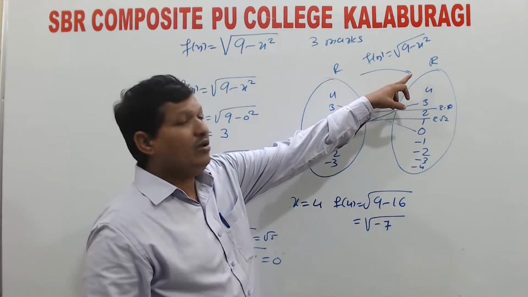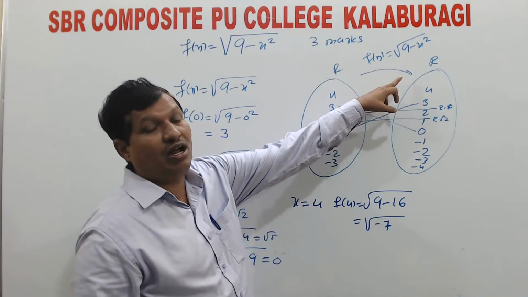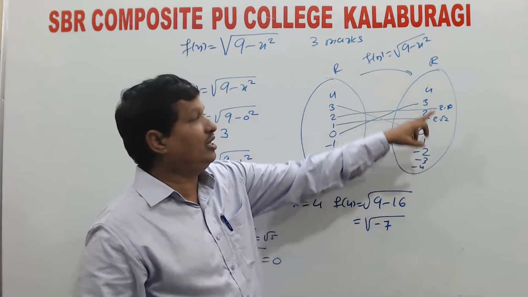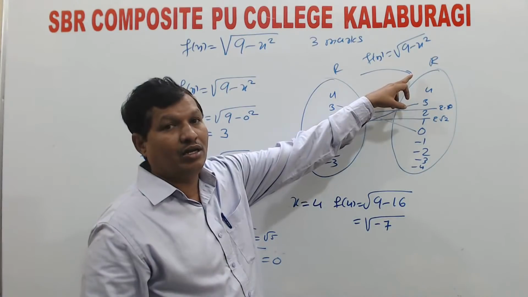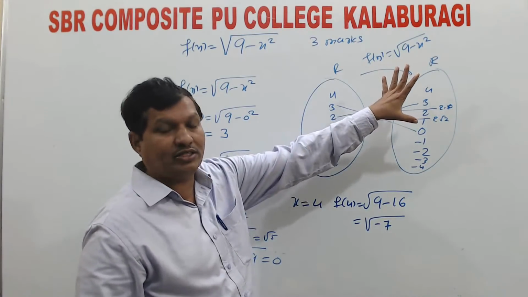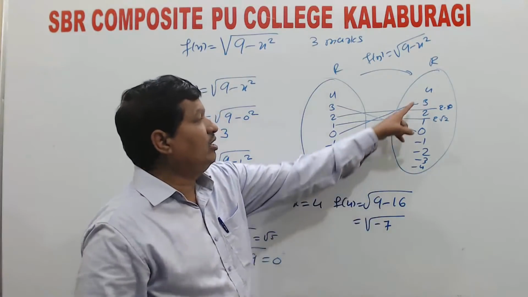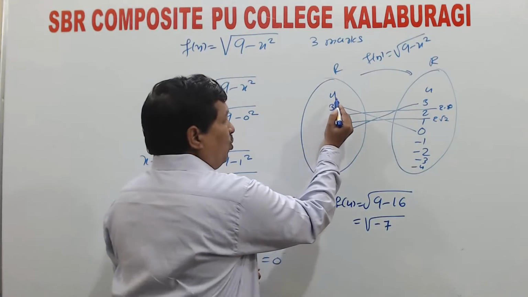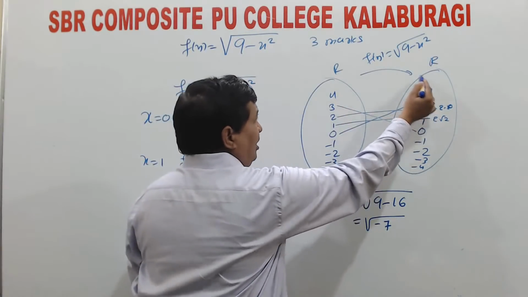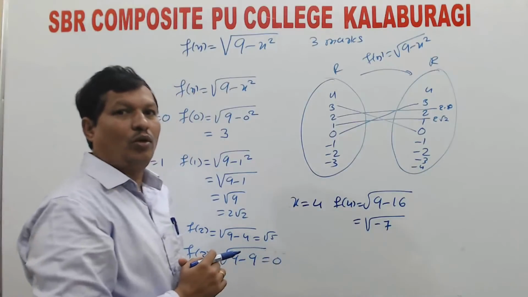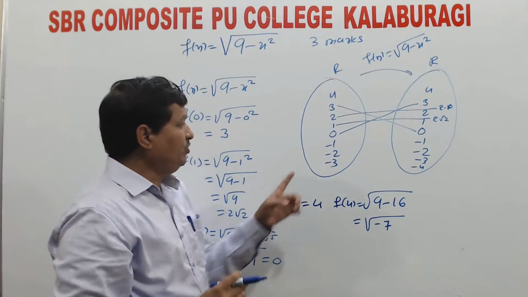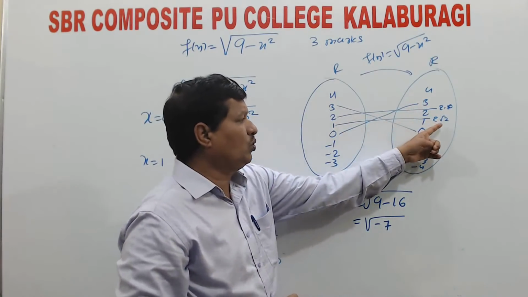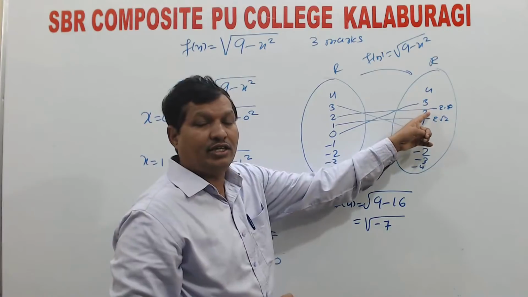So in the codomain, we are discussing real valued functions. A real valued function is one whose codomain is either the real numbers or a subset of real numbers. It is not a complex number. So root of minus 7 does not belong to the codomain. Therefore, 4 is not related with any element of the codomain. Are you following? Suppose if you take X equal to 0, F of X is 3. If you take X equal to 1, 2 root 2, it will again come in the region of 2 to 3.